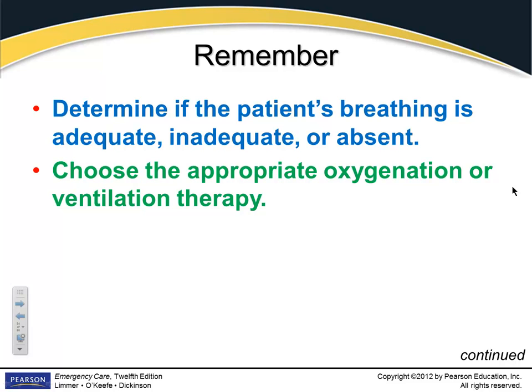It's not in the Alabama state protocols for EMTs at this point. But if you're working on a paramedic truck, you very easily do it. It's not that big a deal. So you have to determine if the patient's breathing adequately, inadequately, or not at all. That's going to be at the beginning when you're assessing your patient. And then you're going to have to decide how you're going to provide oxygen to them.